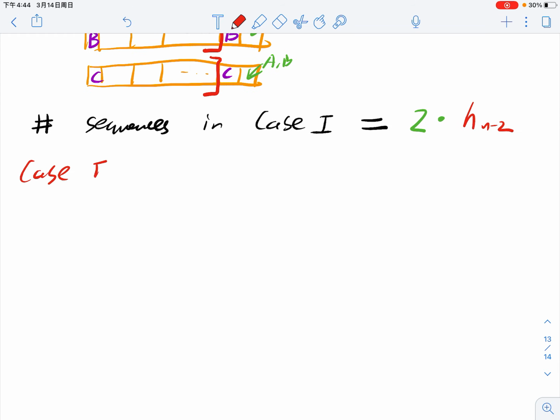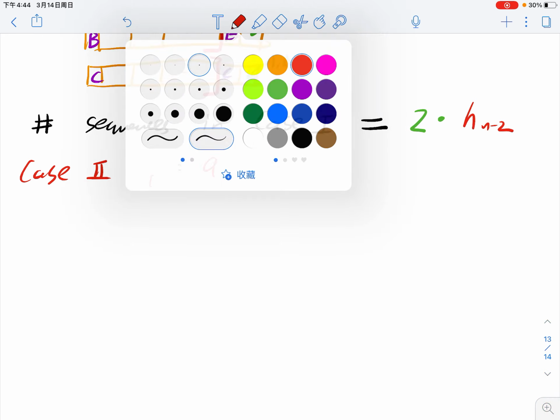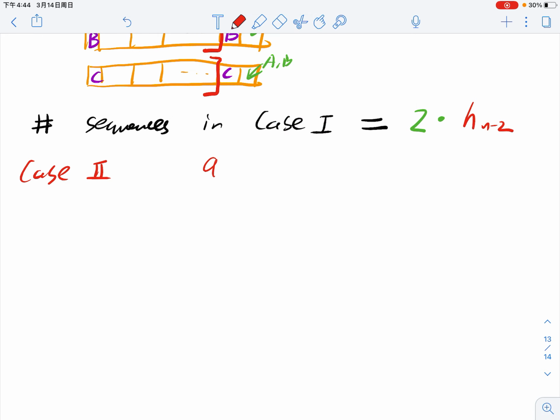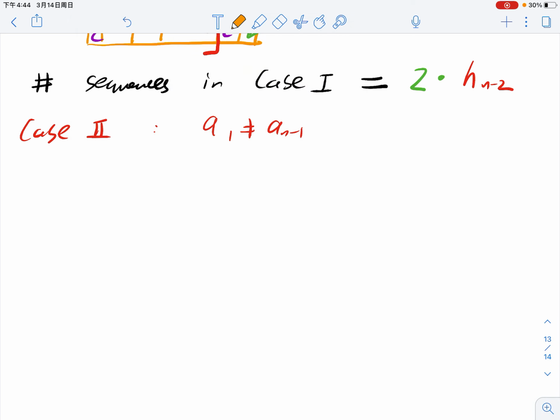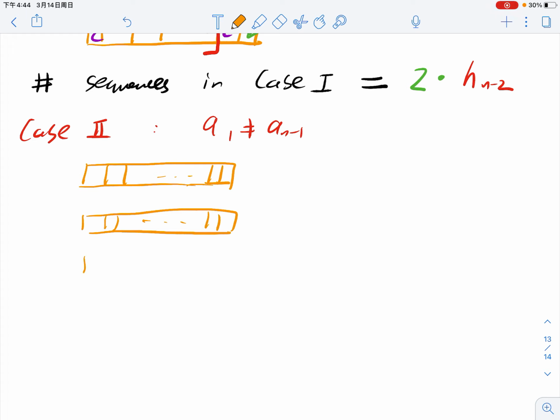Now for case 2, of course, by definition a1 is different from a(n-1). Then you have a lot more choices. I will just enumerate some.